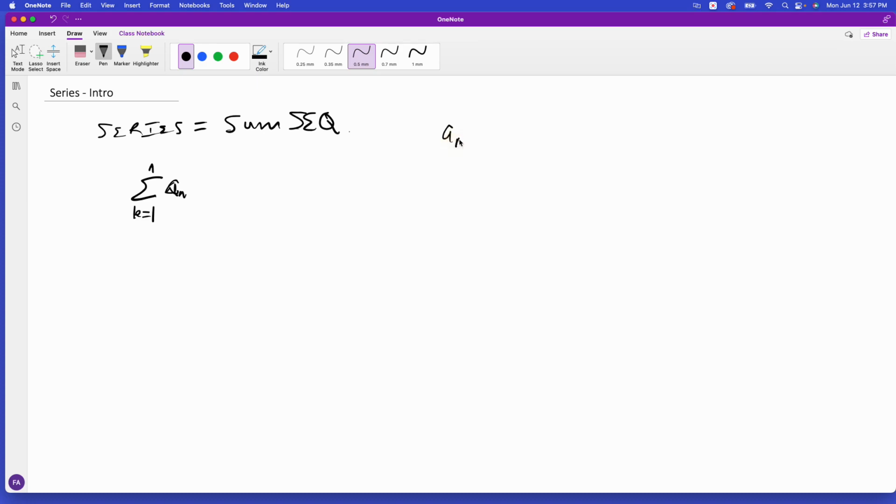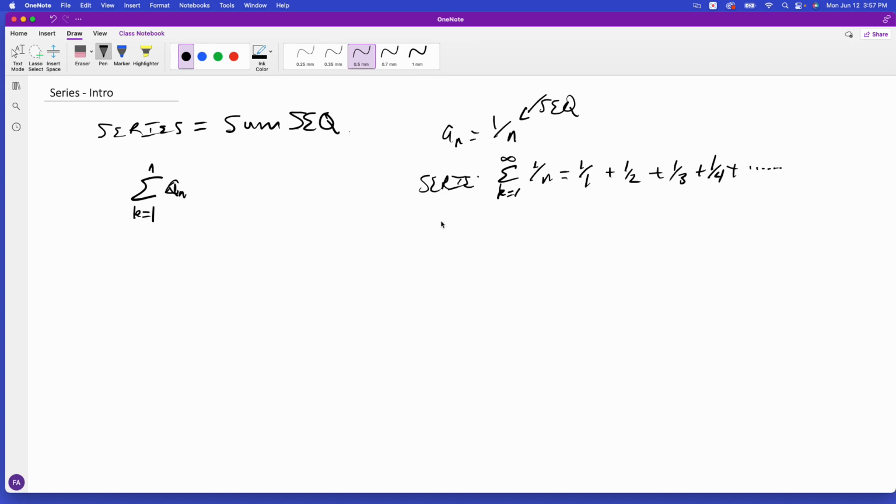So if we define a sub n to be 1 over n, that's our sequence. Then our series for this exact same thing would be the summation from k equals 1 to infinity of 1 over n, which simply means we have 1 over 1 plus 1 over 2 plus 1 over 3 plus 1 over 4, and it just keeps on going and going.